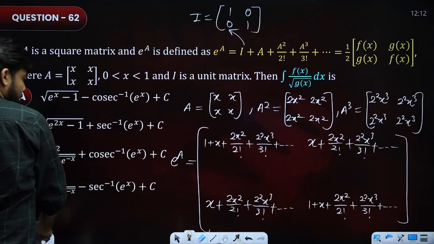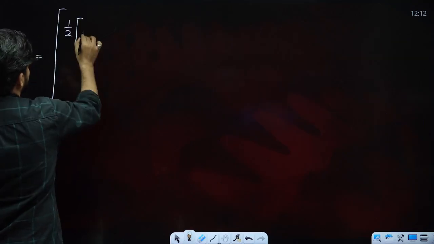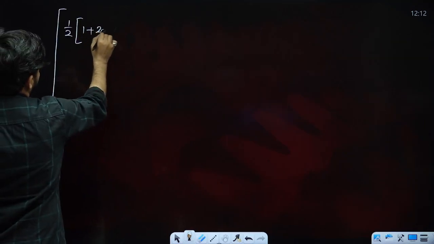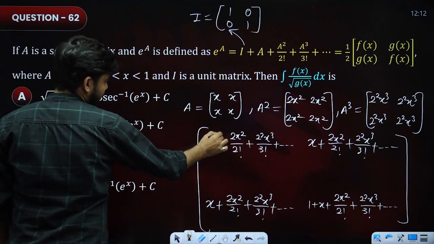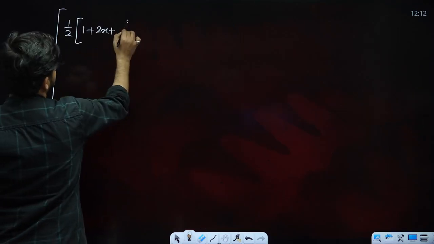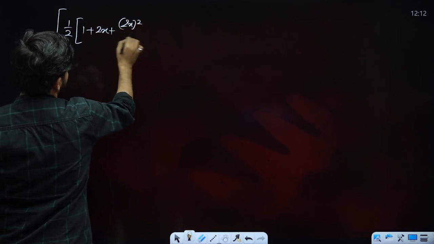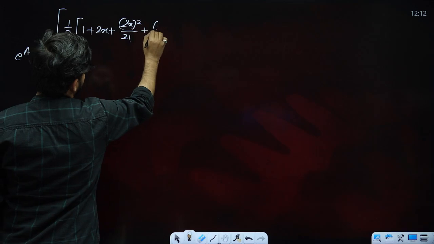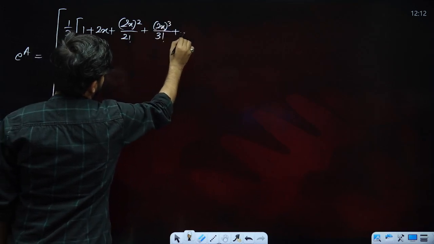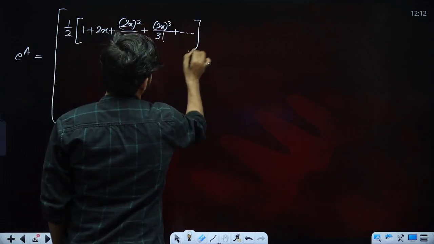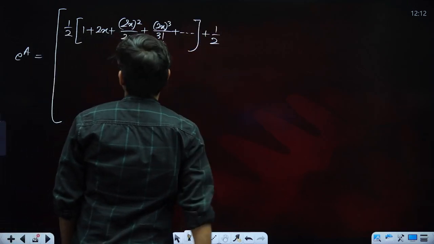We have 1 plus 2x, and next, if I multiply 2 over here, this becomes 2x square upon 2 factorial, similarly 2x cube upon 3 factorial and so on, and plus 1 by 2, correct?